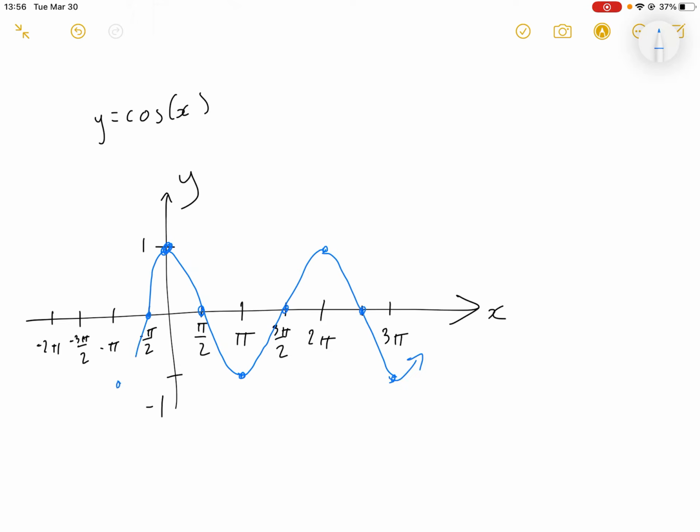Then on this side, it's going to curve around here. And then it'll curve back. So there's my graph of cosine.